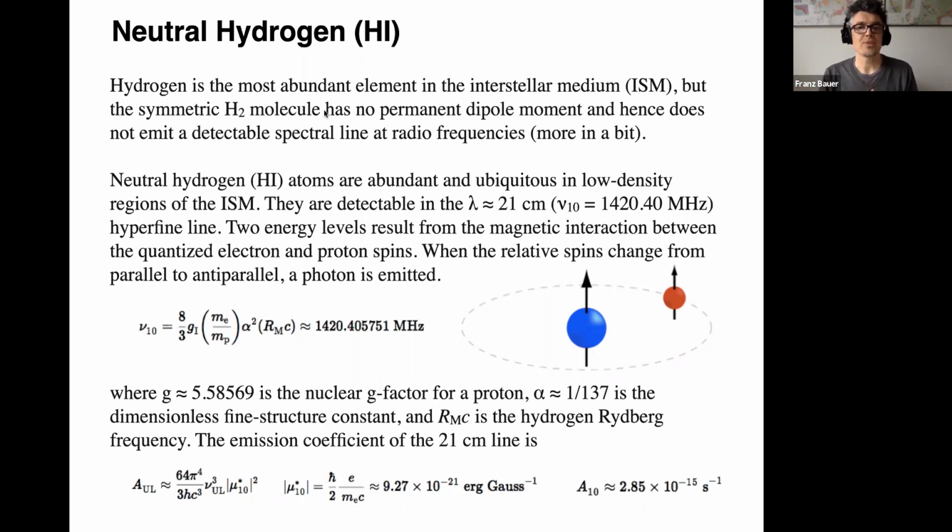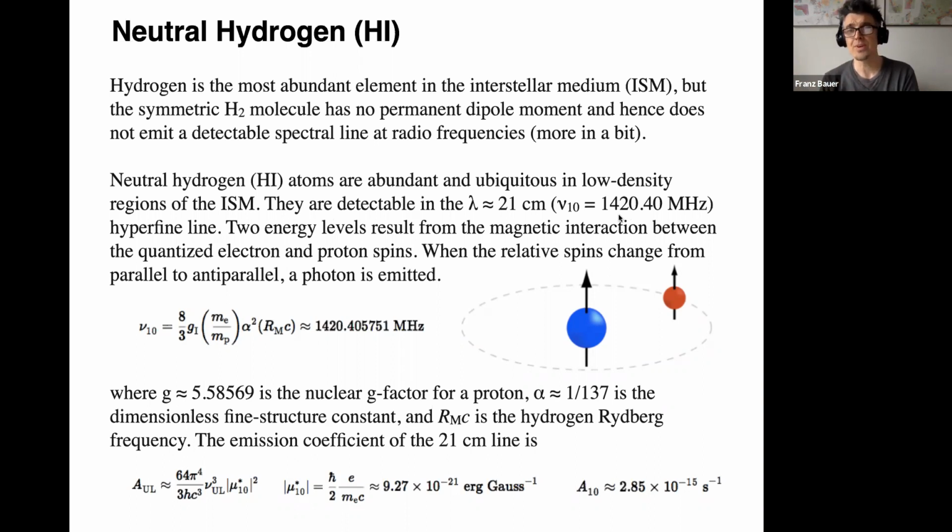Going into a little bit more specifics on neutral hydrogen, we talked last time about how neutral hydrogen has this spin flip, which is a hyperfine line. The transition occurs at about 1420 megahertz, or 1.4 gigahertz.